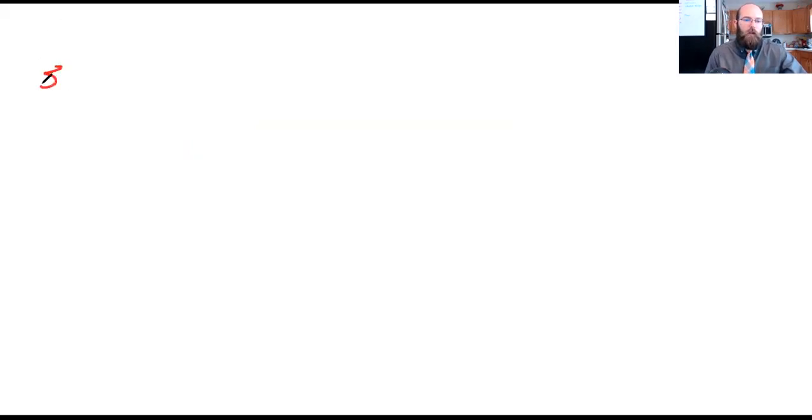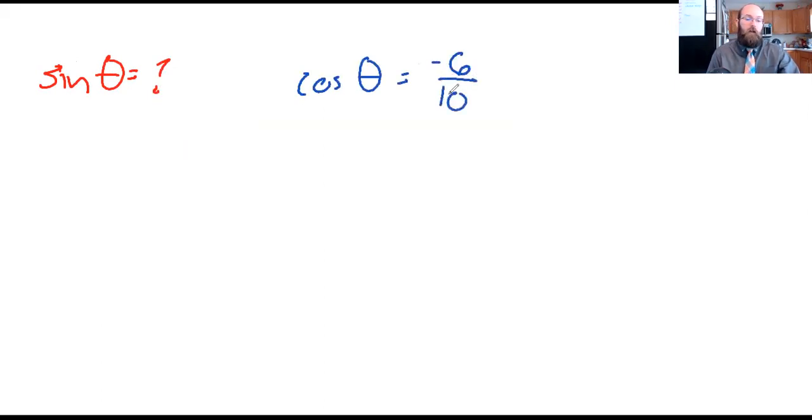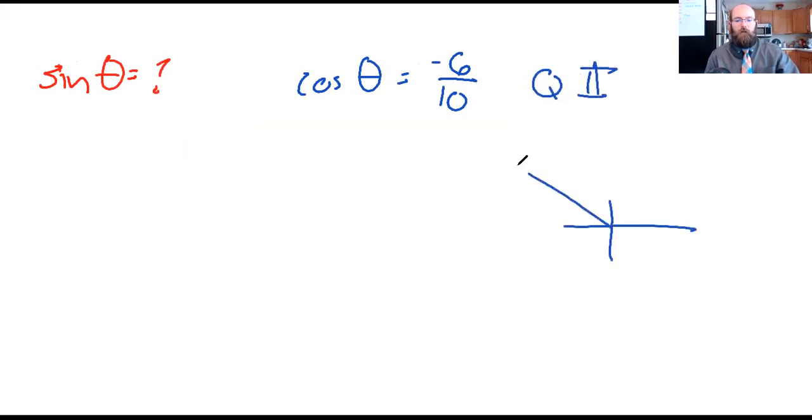So what does sine theta equal if it is given to me that cosine theta equals negative 6 over 10? And I know I'm in quadrant 2. So I'm just going to draw some random angle there. I'm here.